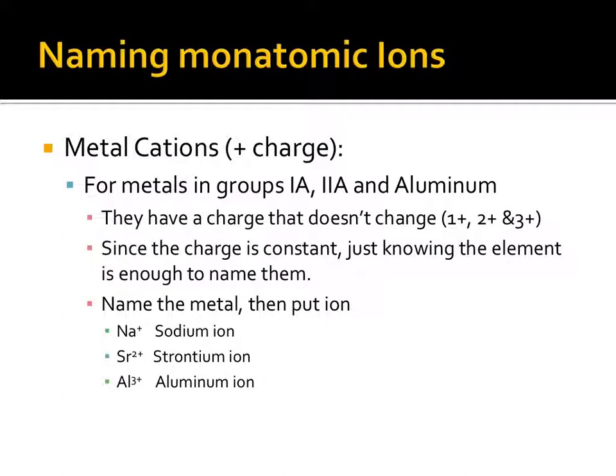So to name the ion, you just have to name the element, and since this is just a sodium ion without anything connected to it, you just write the word ion. So it's sodium ion, strontium ion, aluminum ion. And you'll see when we name compounds, we'll just get rid of that last word.